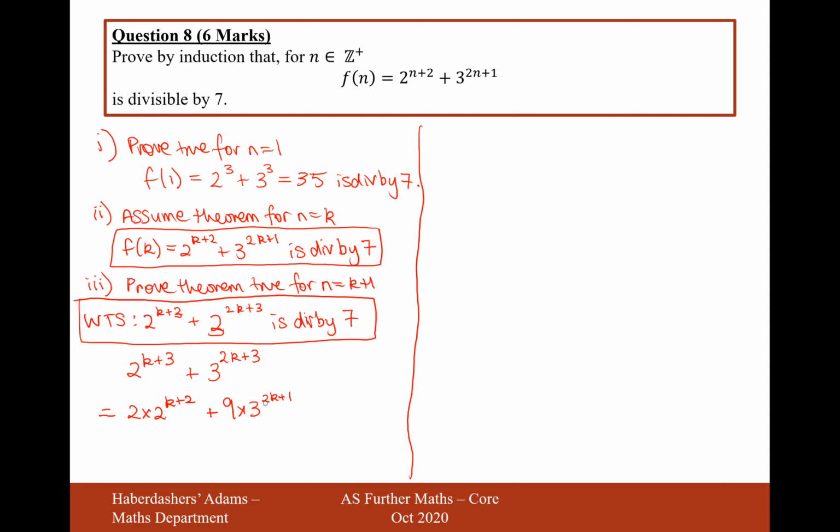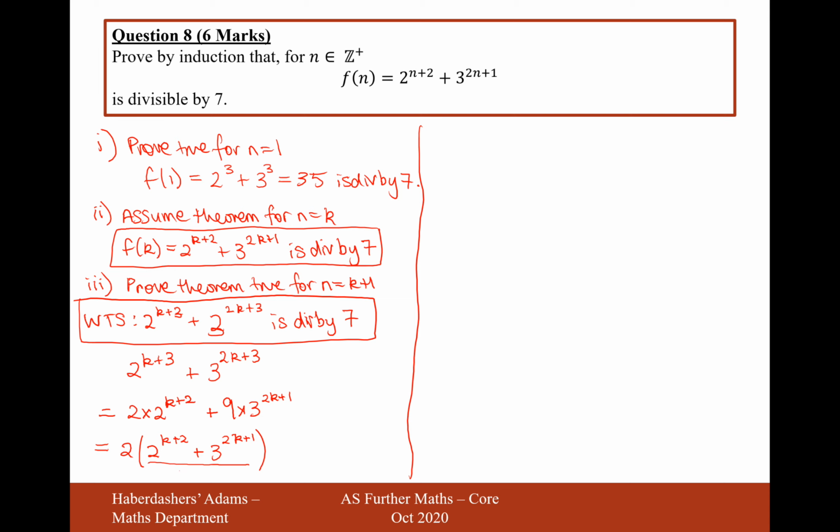So now that our powers are down to the same powers that we had in the assumption step, I'm now going to do a very cheeky factorising step. I'm going to factorise 2 to the front, and then I'm going to put in my assumption into the brackets. 2 to the power of k plus 2 plus 3 to the power of 2k plus 1. Now if we look at what we've got here, this thing inside the bracket here is our assumption.